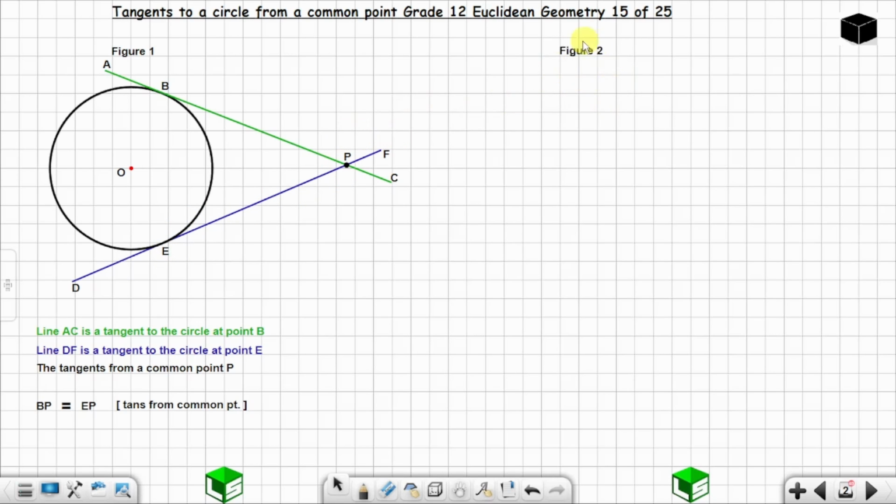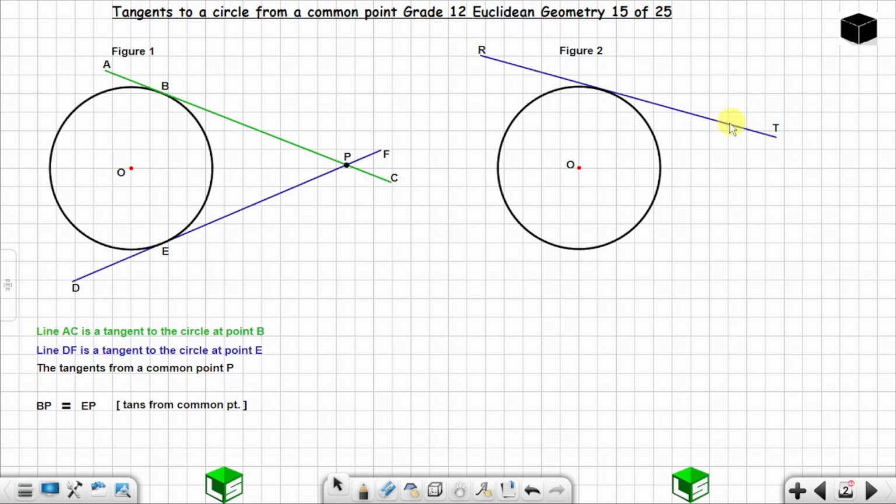Now, in figure 2, you have a circle with the center O. You have a tangent to this circle. Let's call it RT.